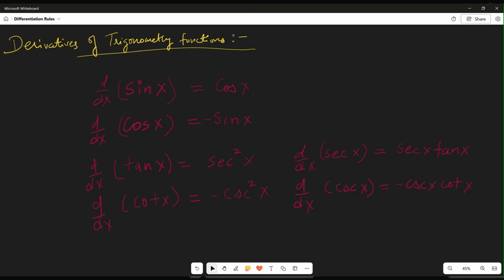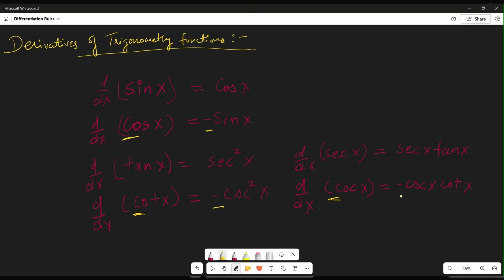And if you notice the other thing, the most common mistake is we're forgetting the negative sign. And if you pay attention, whenever there's a co pronunciation, there's a negative sign associated to its derivative. Cot, it's negative.